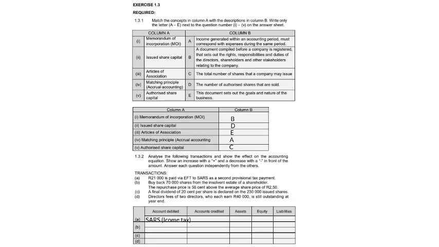And the account to be credited will be bank. We will decrease our assets with 21,000 Rand. And we will decrease the liabilities with 21,000 Rand.